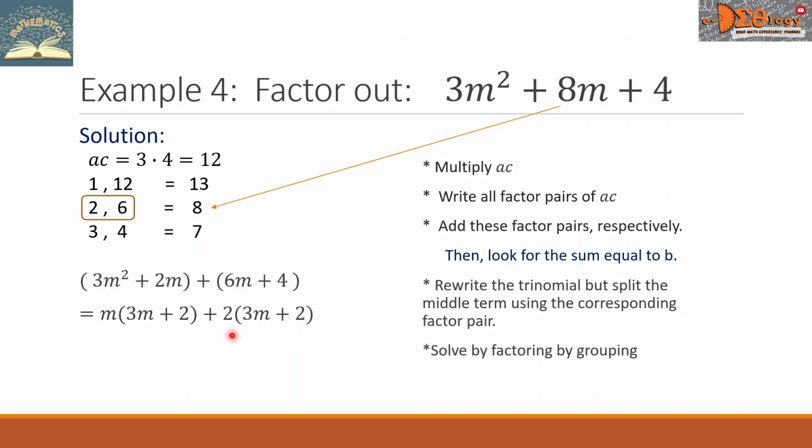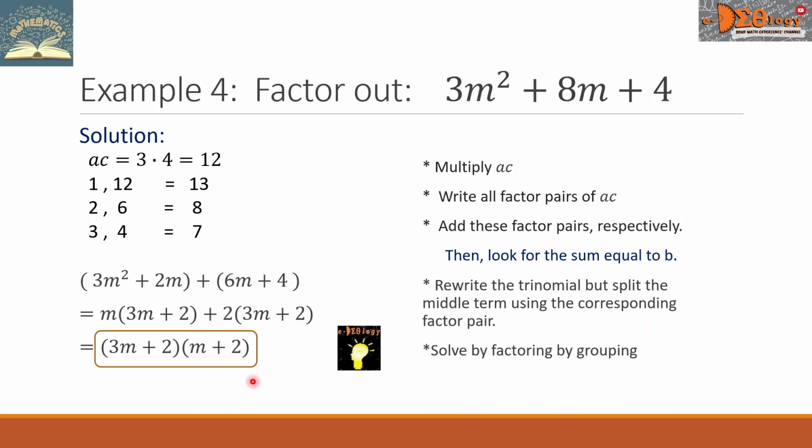So this is 2 times 3m plus 2. We have here now two big groups, and there's a common factor. That is the binomial 3m plus 2. We can factor it out. So we have 3m plus 2 times this m plus 2. This is now the final answer.